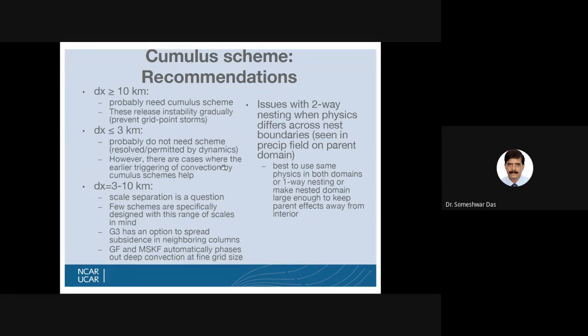However, there are cases where the earlier triggering of convection by cumulus schemes helps. Sometimes these options may work better for you in certain situations, because our experience is that when we used a grid size even less than 3 kilometers, up to 1 kilometer, we could get better results if we invoked the cumulus option.